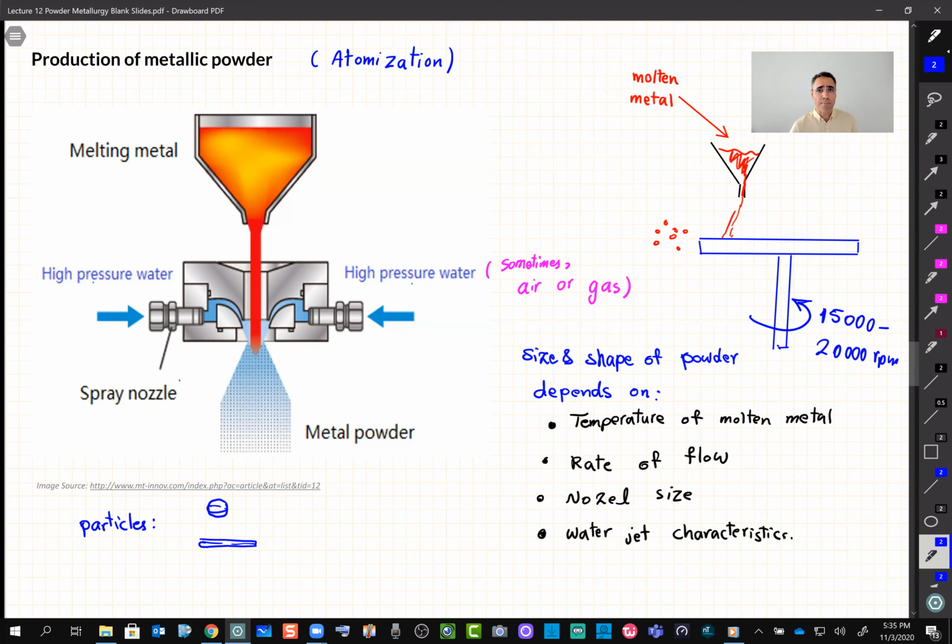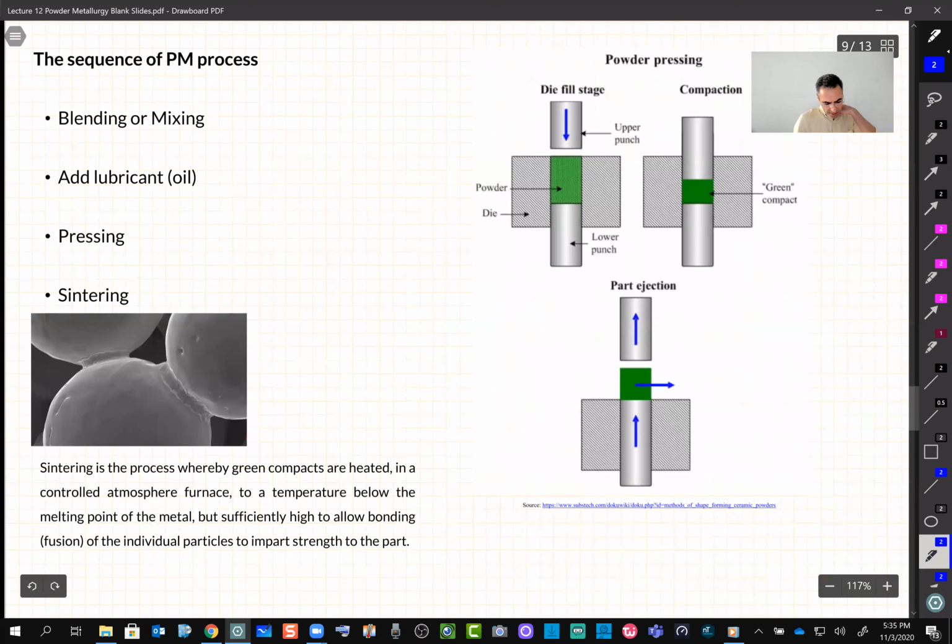And again, it depends on the application that we want. We can decide what shape we can go for. All right. So now that we have the powder, let's see how this process works.